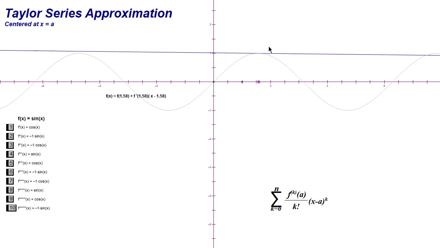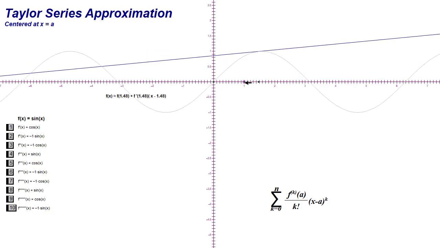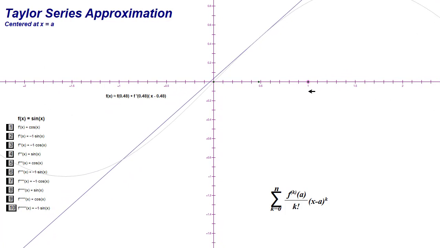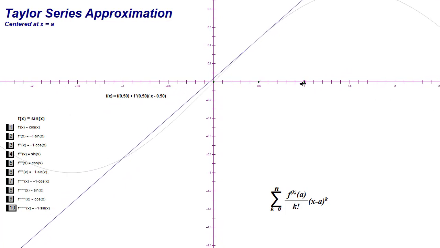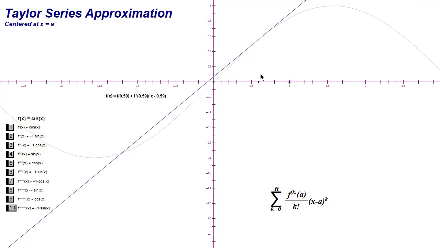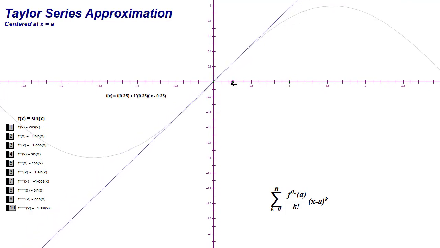And you can see that if I zoom in on this a little bit, and move my center around, if I move my center to 0, now remember that I only have a first degree polynomial.